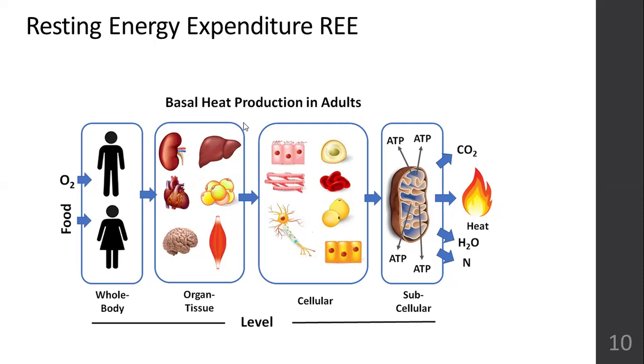Resting energy expenditure is slightly higher than your BMR, because when you want to check your REE, you don't have to fast overnight or get complete rest. Both represent energy expenditure at rest, but resting energy expenditure is slightly higher than your BMR.